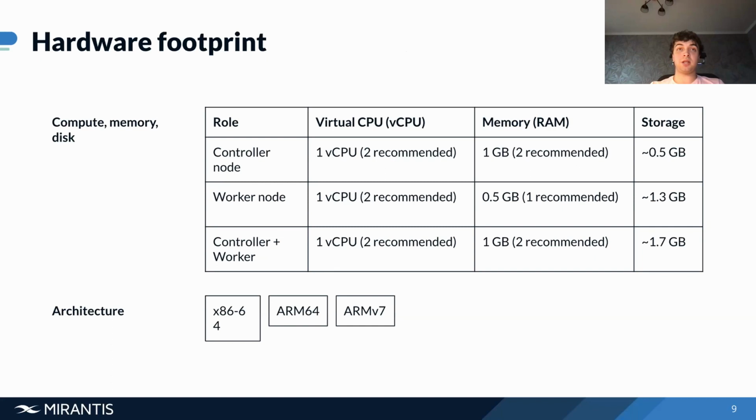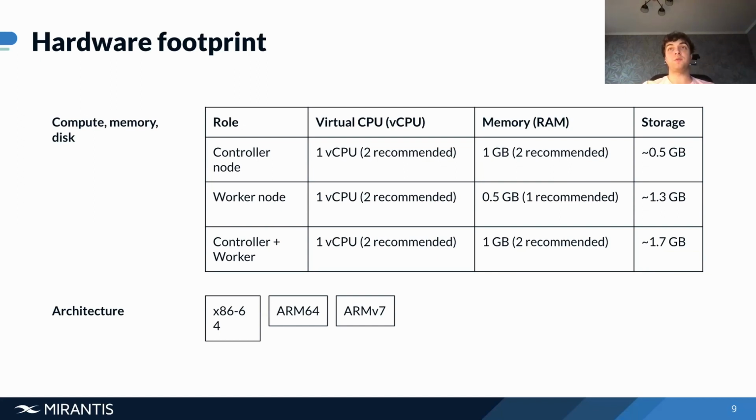And the cool thing about it is that it can be run on different processor architectures, for example ARM64 or ARMv7, which means that it's pretty suitable for edge computing, especially. And also, you don't need a lot of RAM or storage or CPU to make it work.